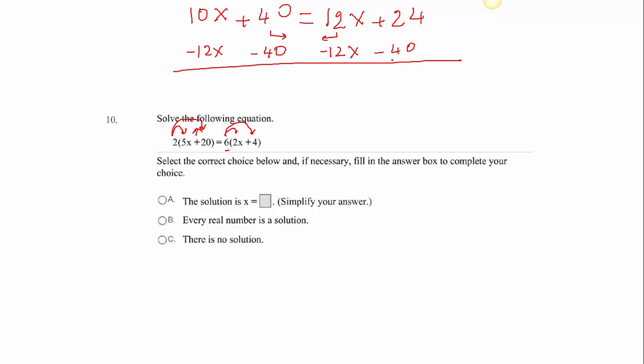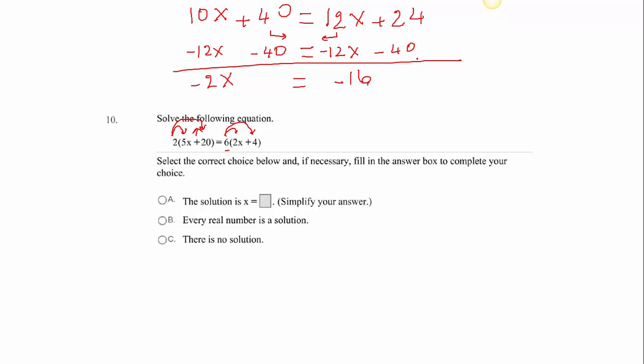That way I don't change the problem. Whatever you add on the left side, you have to add on the right side. Whatever you add on the right side, you have to add on the left side. 10 minus 12. So 10 apples minus 12 apples is negative 2 apples, or x. These will cancel. These will cancel. So we have 24 minus 40 is negative 16.